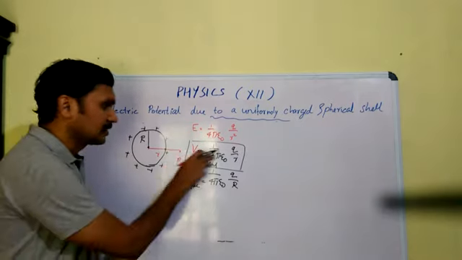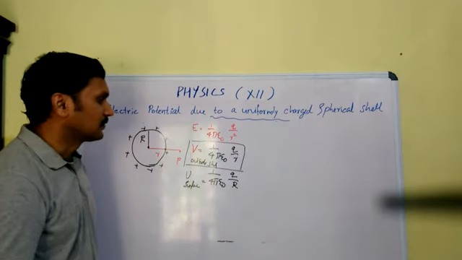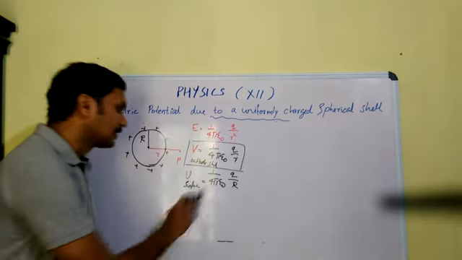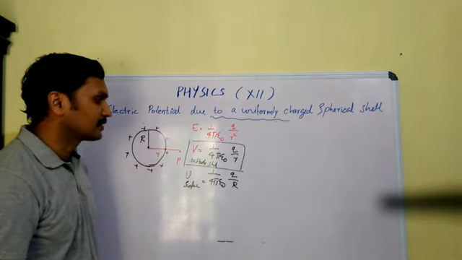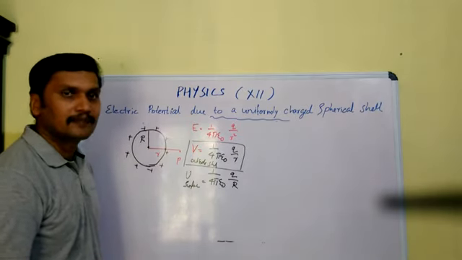Outside the shell, potential is somewhat less than this value; on the surface, it is 1 by 4 pi epsilon 0 q by capital R.